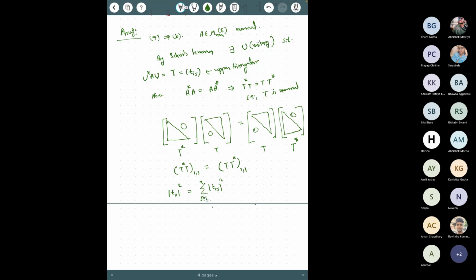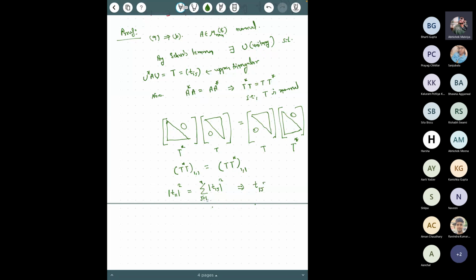So what does this imply? What can you say from here? T12 to T1n is 0.